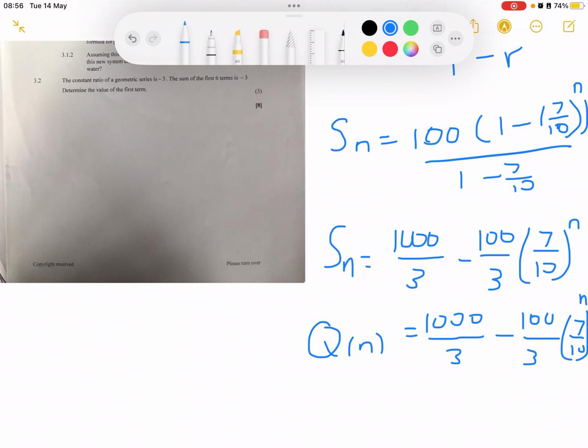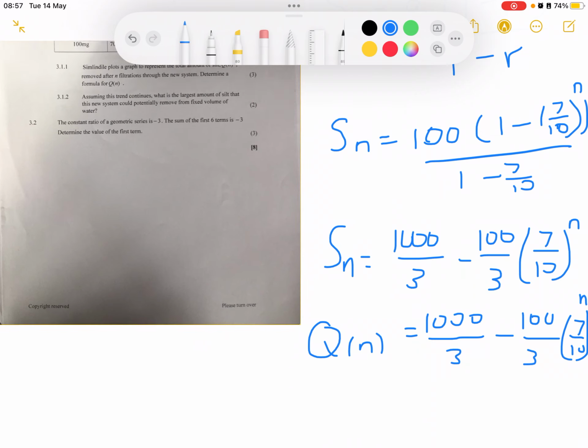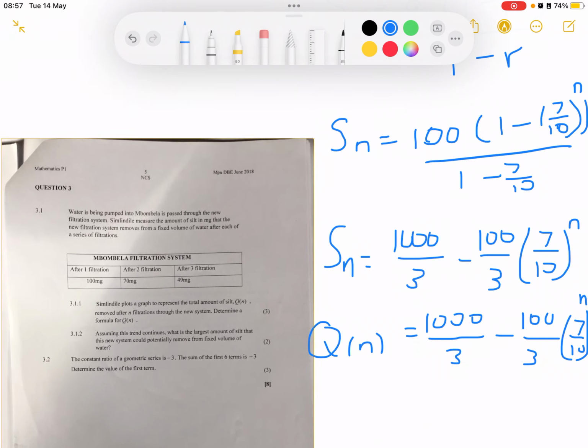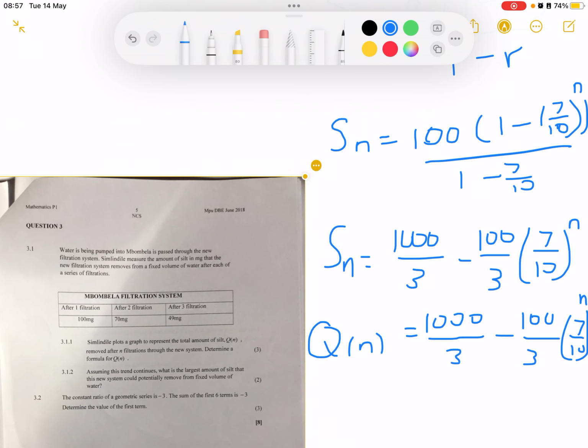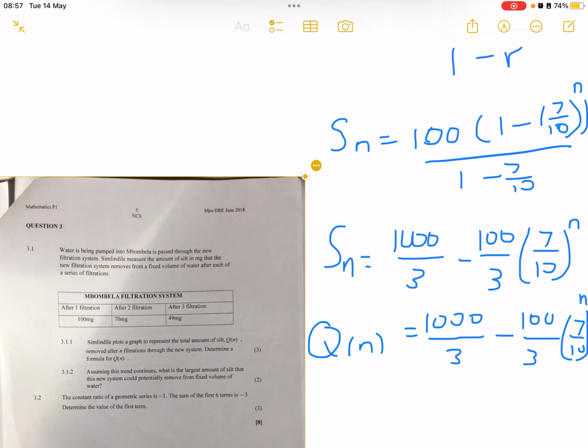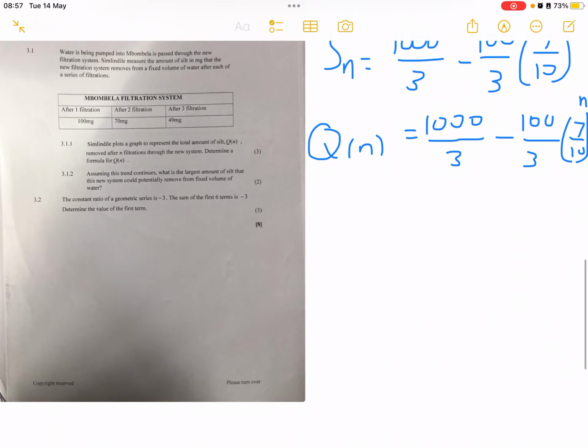Now, for 3.1.2, we want to find the largest. Now, the largest, we don't know. It can go all the way up to infinity, busy filtering and filtering.